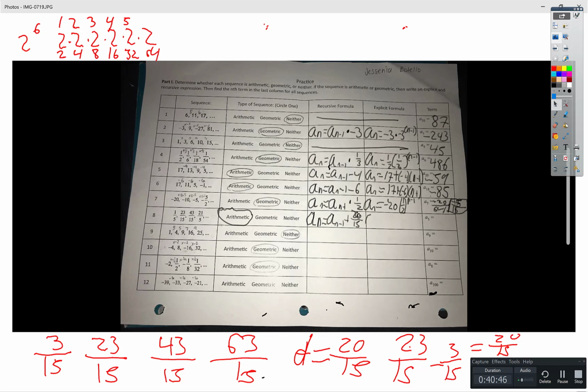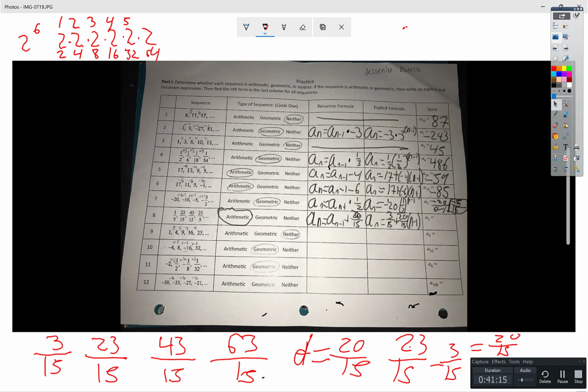And then for explicit form, we say an is equal to a1, which, let's keep this in the standard common denominator, a1 is 3/15, plus d, which is 20/15, times n minus 1. We need to find the fifth term.